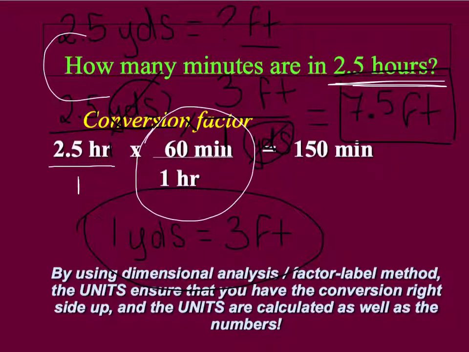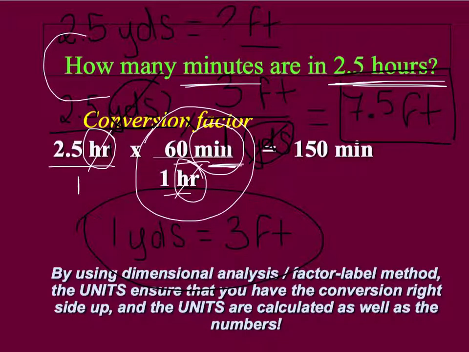Our conversion factor, just like what we made in the last slide, for minutes and hours is that in every 1 hour, there's 60 minutes. So we're going to use the one with hours on the bottom so that our hours in the given can cancel out with our hours in the bottom, and we'll be left only with minutes. After we put in that conversion factor, we're left with minutes, which is the unit we wanted because we want to know how many minutes are in 2.5 hours.